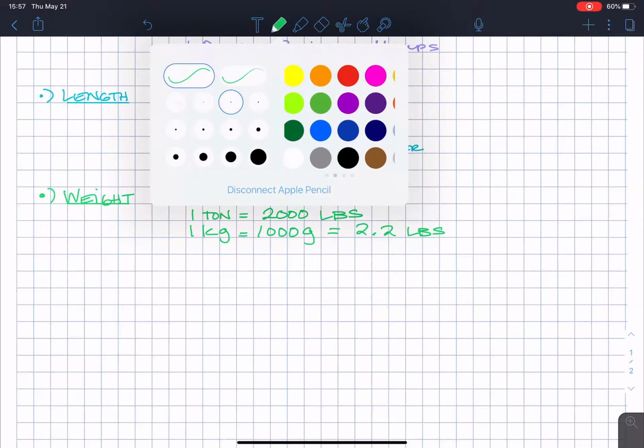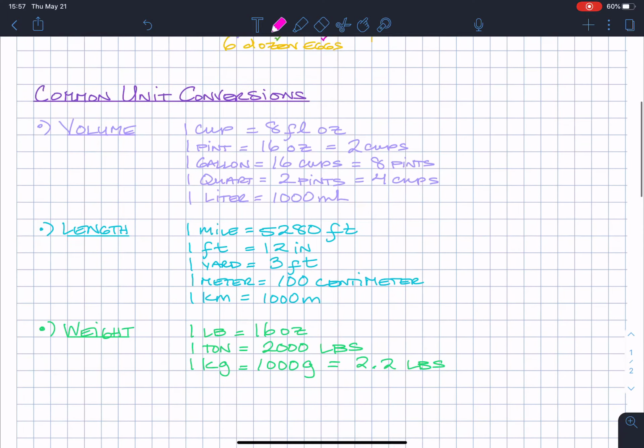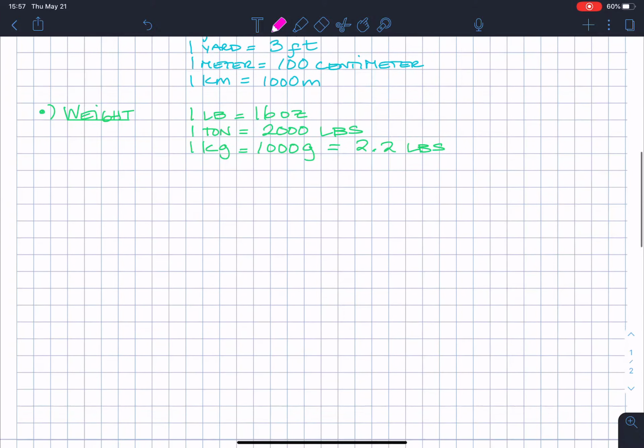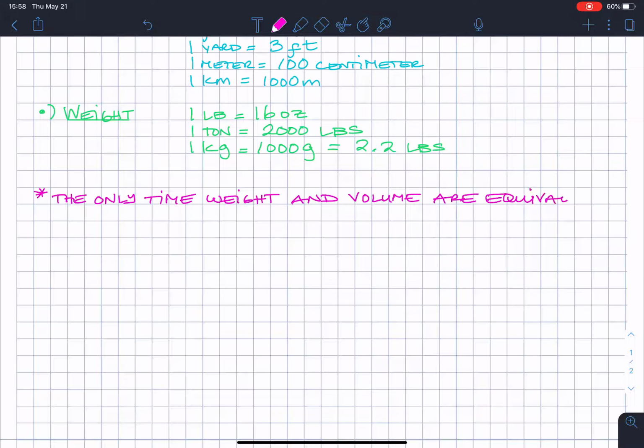Okay, so let's note this volume, fluid ounces. Let's note something that's very important about that. The only time weight and volume are equivalent is when measuring water.